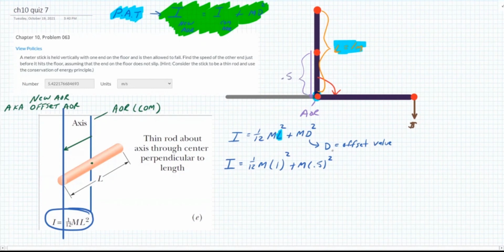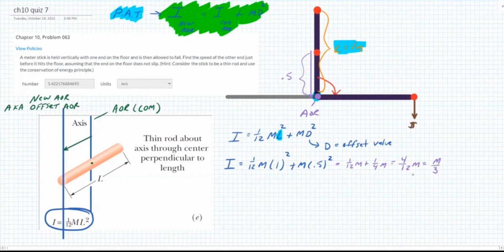Okay, that's good to know. So this equals 1, what is 1/12 m plus 1/4 m? 1/4 is 3/12, so this would be 4/12 m, or m over 3.